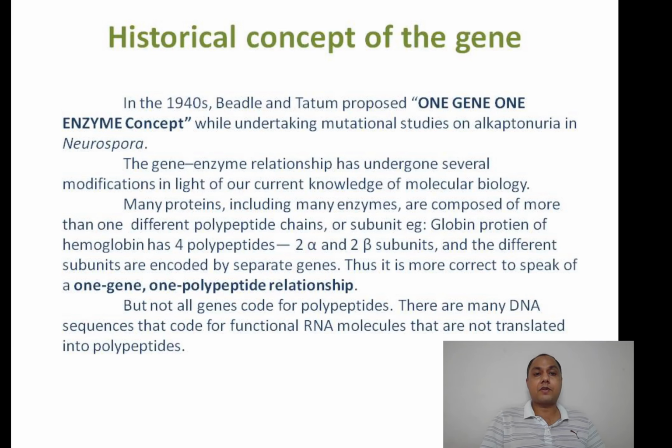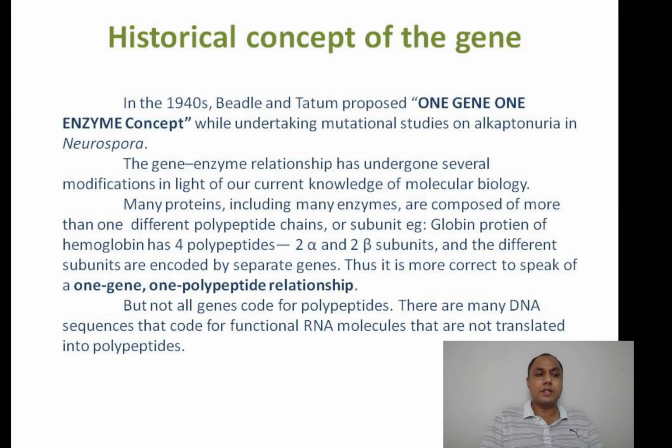But there were still questions, because many genes do not necessarily encode polypeptides only. They may encode functional RNA molecules, so they are ultimately not translated into polypeptides. For example, we know very well rRNA and tRNA. They carry information that is very important for protein synthesis, but they themselves are not translated into protein.